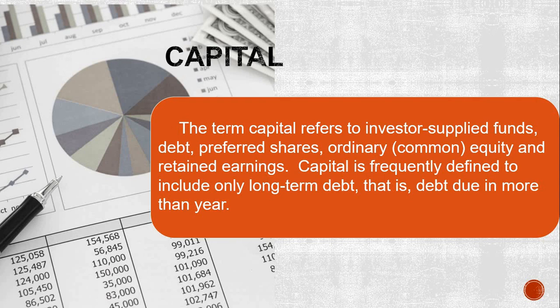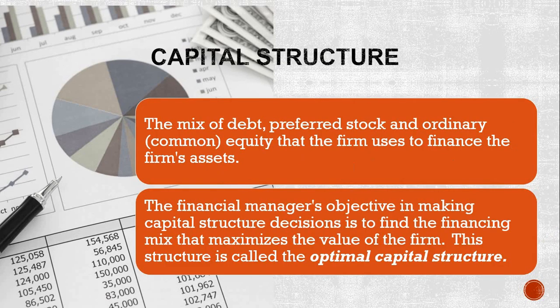Aside from the preferred and ordinary shares, or the share capital of the entity, part of the capital of a business is the long-term debt. While capital structure is the mix of debt, preferred stock, and ordinary or common equity to finance the entity's or the firm's assets.